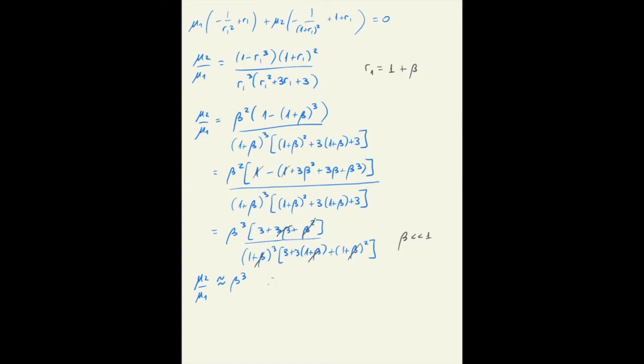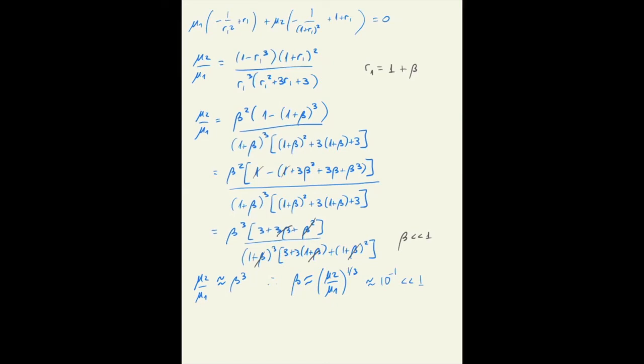If you take the cubic root of this, beta is approximately the cubic root of mu2 over mu1. So even for the case of Jupiter, where the mass ratio is 10 to the minus 3, that would give you about 10 to the minus 1. So indeed, even for the most massive planet, beta is still much, much less than 1. So the assumption that we made about beta is justified.